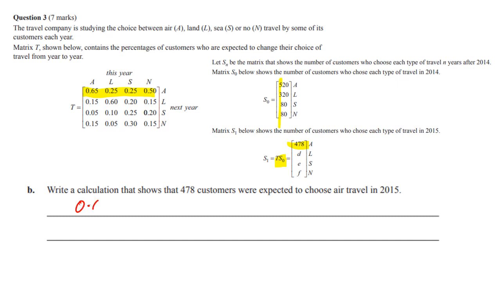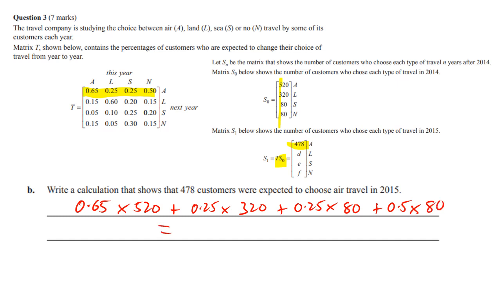So it's 0.65 times 520 plus 0.25 times 320 plus 0.25 times 80 plus 0.5 times 80. And if you put that in your calculator, you get 478 customers as your answer.